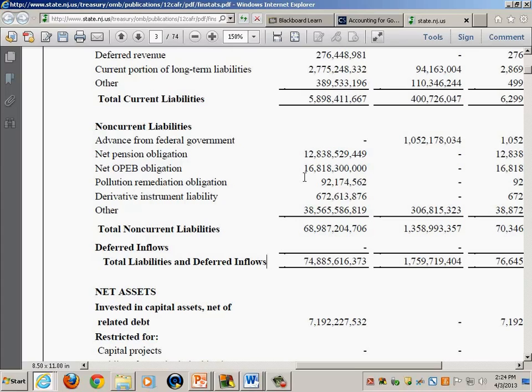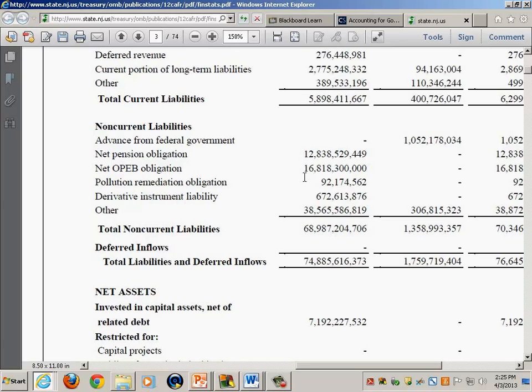Okay, do you ever see a balance sheet which has other, and look at the amount. Ever see a balance sheet with other? There are some numbers in there. It just doesn't come up, okay? 38 billion.